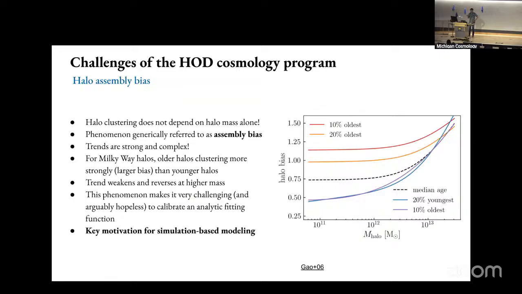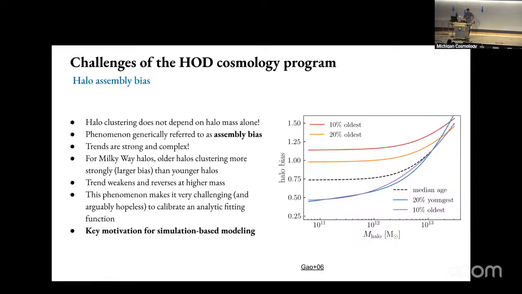Okay, so what are some additional challenges? One challenge that we saw was that fitting functions have difficulty capturing the clustering and abundance of dark matter halos, and that machine learning offers a solution to this problem. Another major limitation of halo occupation modeling in general: notice that throughout this lecture, I've only described how galaxies occupy halos as a function of their mass.